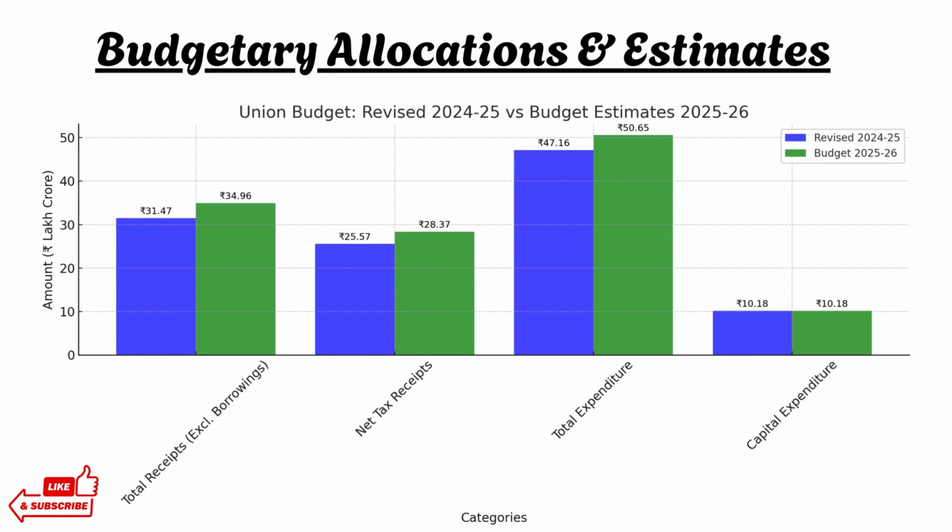Total expenditure. Here's the big one. The government plans to spend 50.65 lakh crore rupees in 2025 to 26 compared to 47.16 lakh crore rupees last year. More spending means more investments in infrastructure, welfare, and growth. Capital expenditure.